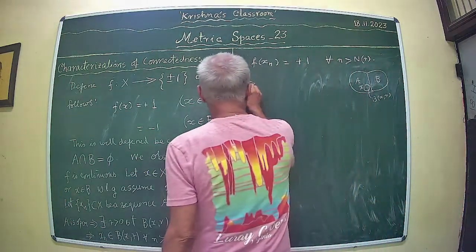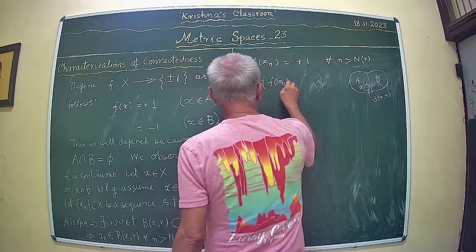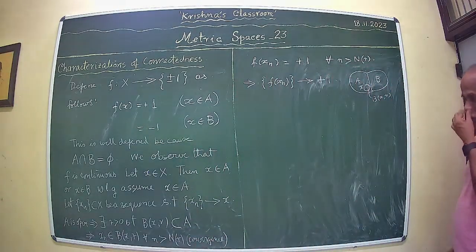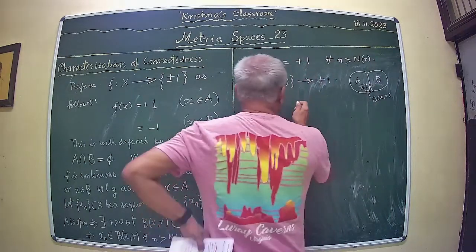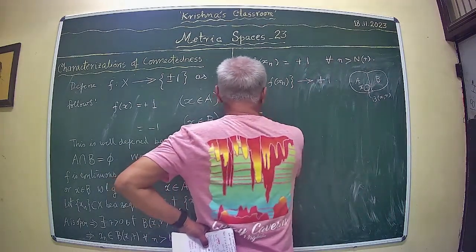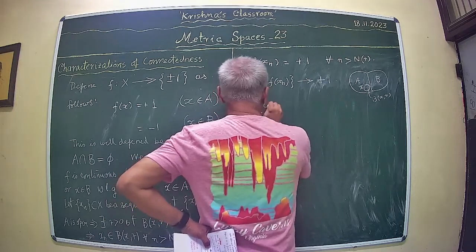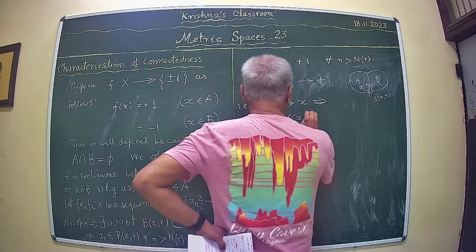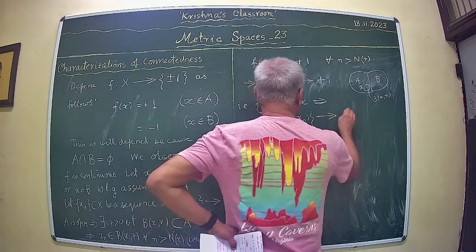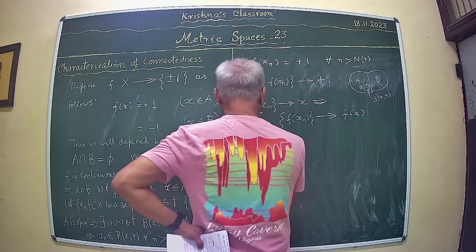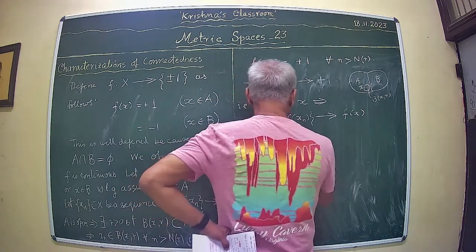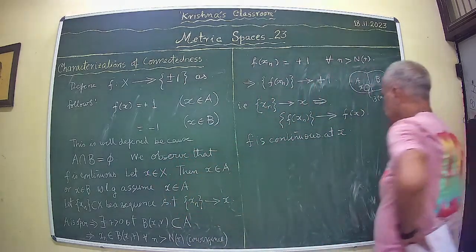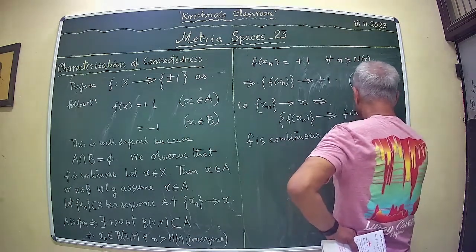What does this mean? f of xn converges to f of x. So f is continuous at x, x being arbitrary.